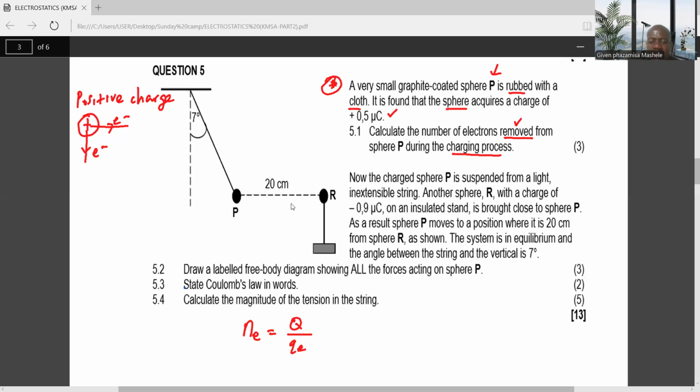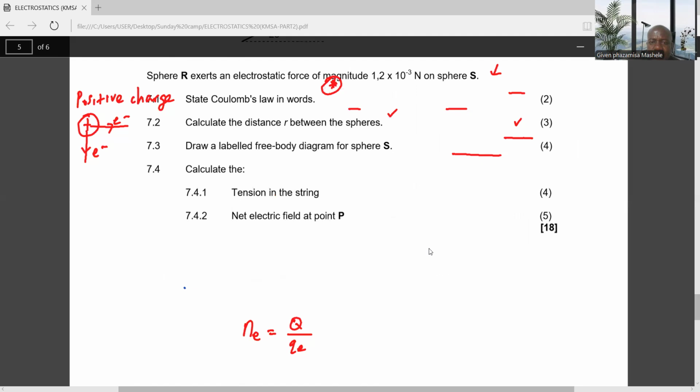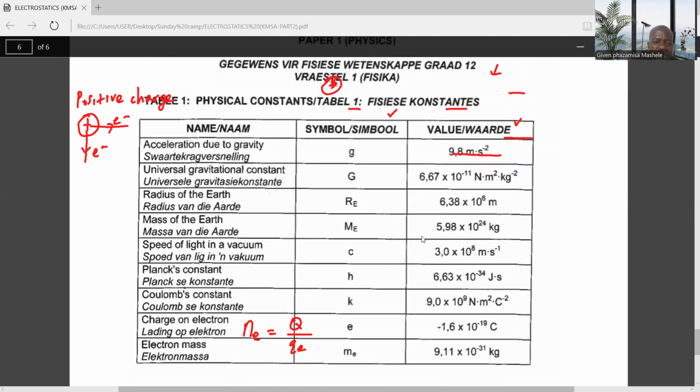If you look down there in the formula sheet, we have the elementary charge, the charge of an electron, which we can call the elementary charge. It is always equal to minus 1.6 times 10 to the power minus 19.